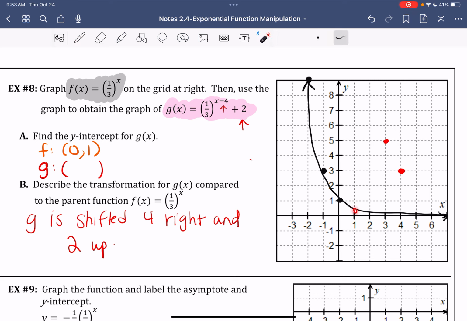This 1/3 is kind of hard to do that with, but 4 to the right would be at 5, and then 2 up, so 2 1/3. Okay, so with those points, it would look like this. So this one is G, and this one was F.